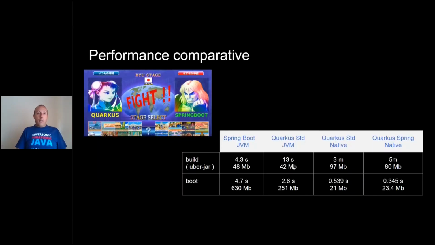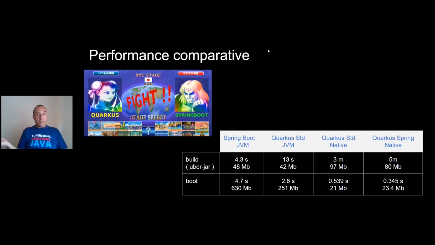So now what I'm going to show you is, if I'm having this Spring Boot application, first column, it takes 4 seconds to build, and it creates a 48 megabyte artifact. With Quarkus standard, so the first approach that I showed you, it takes 13 seconds and 42 megabytes of the artifact.